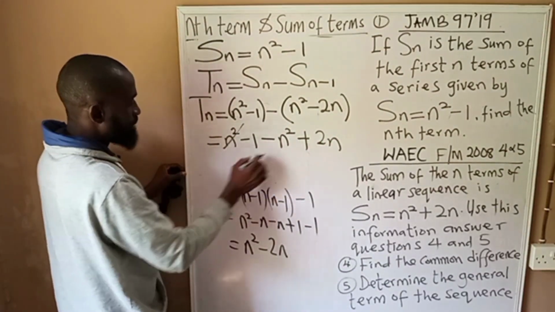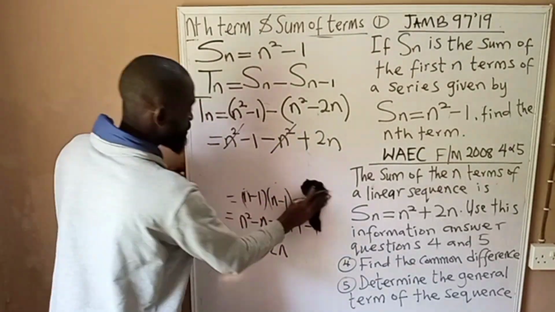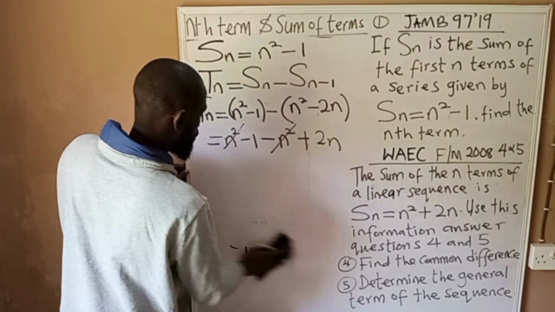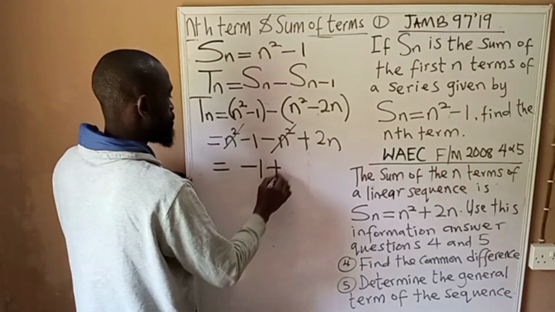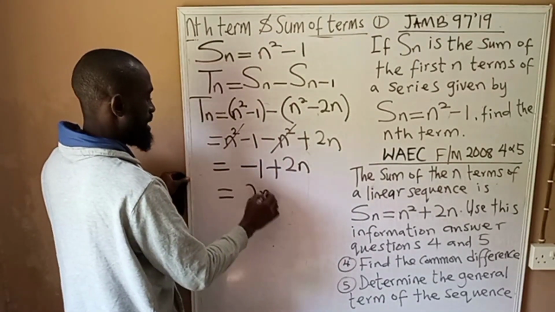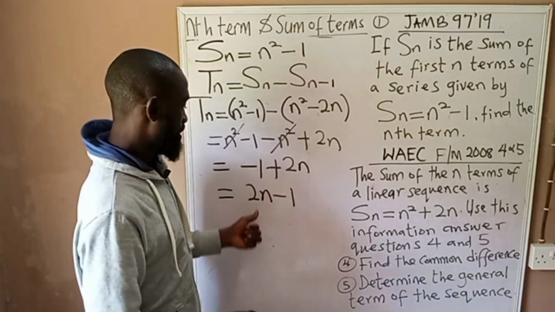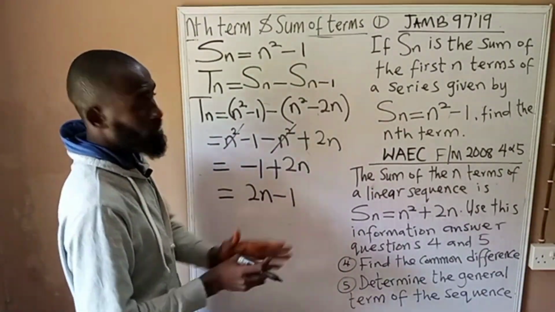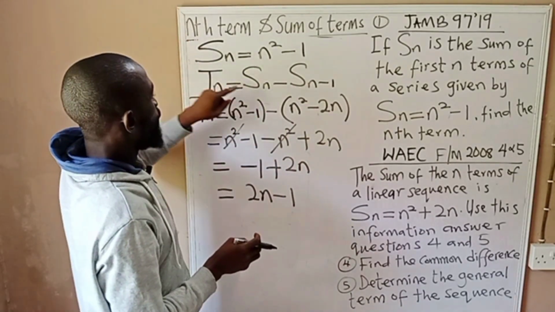The n squared minus n squared cancels out. We are left with minus 1 plus 2n, which I can arrange as 2n minus 1. So the nth term of this question is 2n minus 1. What I used here is just the relationship that connects the nth term with its sum of terms.